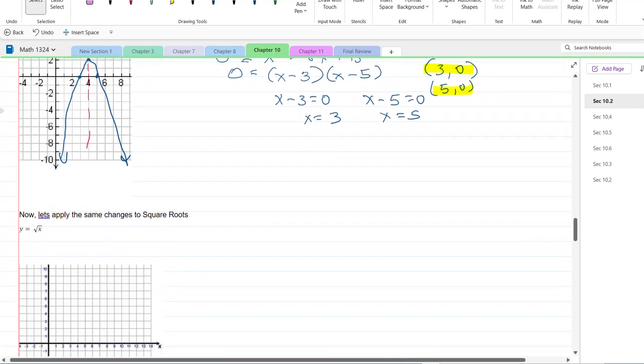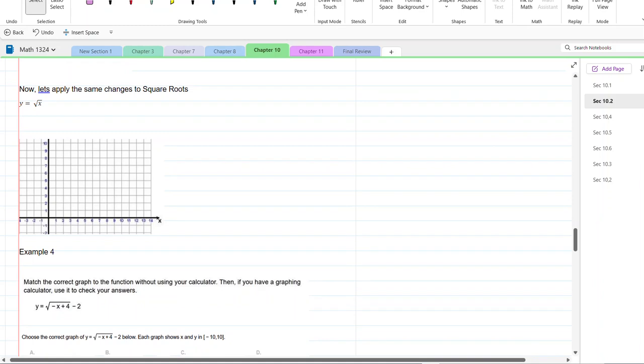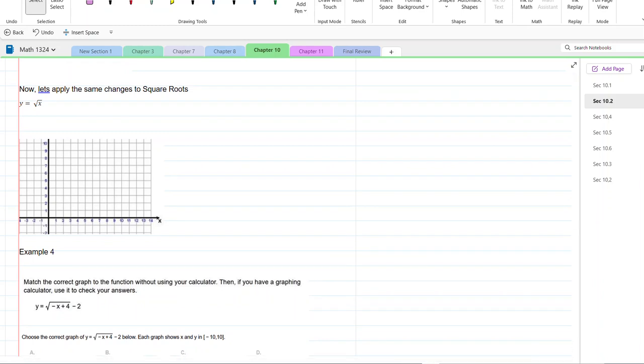Okay. All right. Now, we're changing gears here to another concept, and that is a square root.